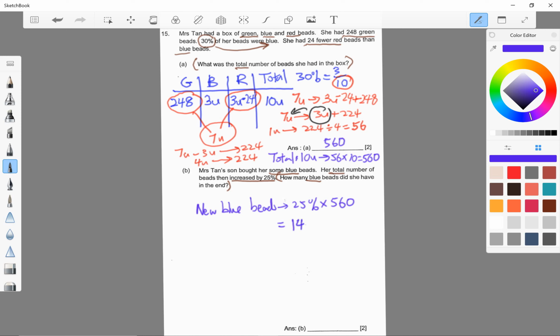So what about the existing number of blue bits? Or I can call it the old blue bits. We know earlier that 30% of the bits were blue. So the old blue bits has got to be 3 units, which is none other than 56 multiplied by 3. And 56 times 3 will lead me to 168.